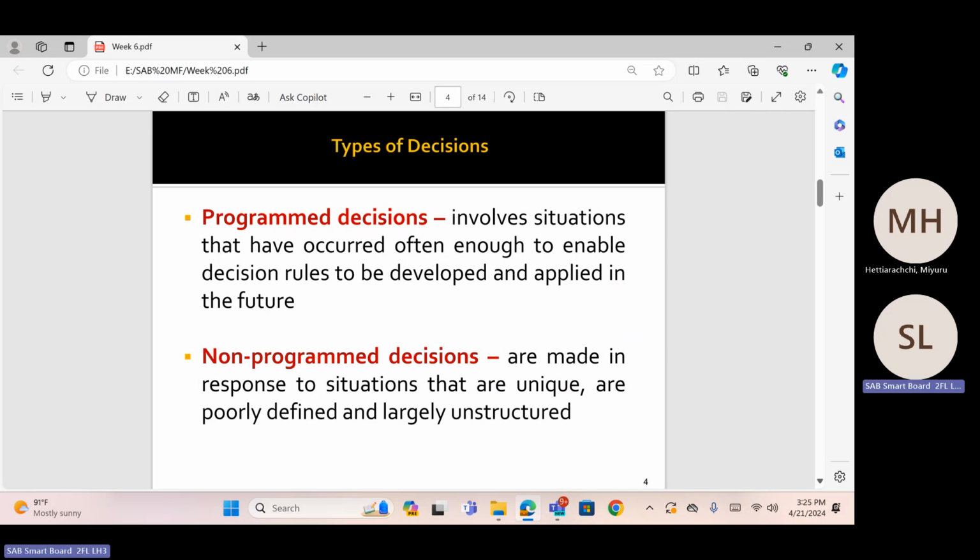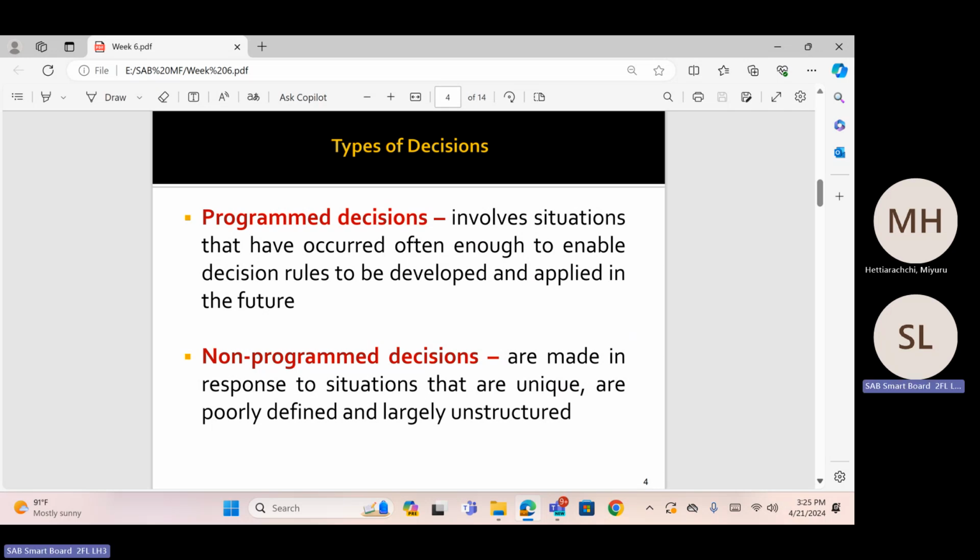Then another would be operational decisions. Another would be routine decisions. Short-term, routine, operational, plan, structured, programs are similar words.